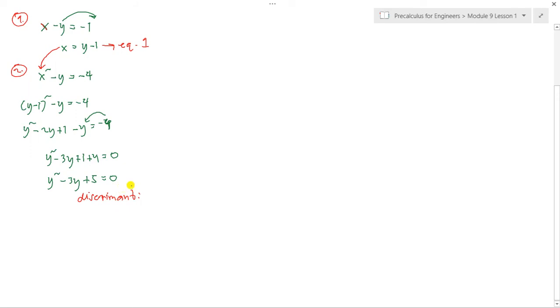This expression is very useful in telling whether the quadratic equation has a solution or not. So here we're going to use the discriminant. If b squared minus 4ac is equal to 0, then we have a real number.